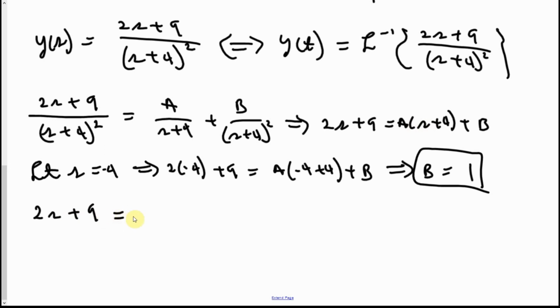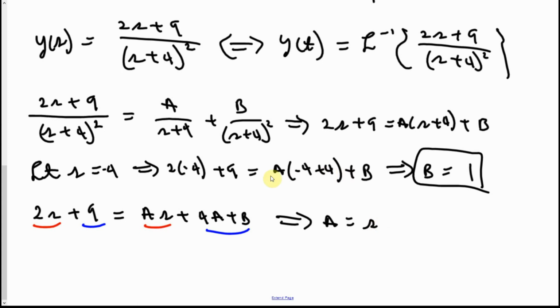Simplify the right side: it's As plus 4A plus B. We let corresponding terms be equal, so we let this equal to this, and the constants equal to the constants. All we're looking for is A. So see how you get 2s equal to As.